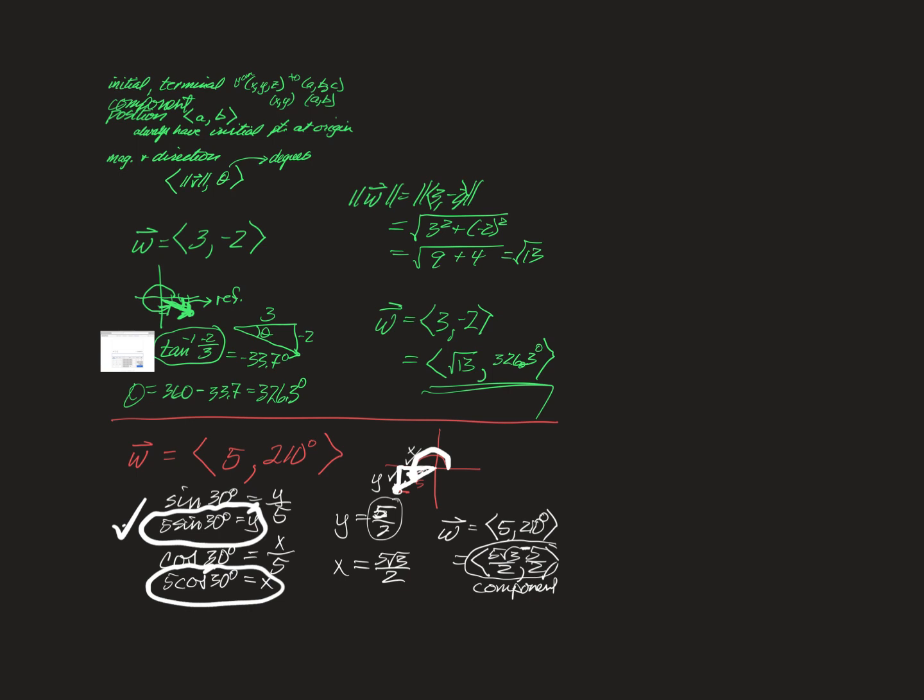So instead of putting the sine of 30 degrees, I could essentially notice the 5 is actually the magnitude and the 30 is the reference angle for the 210.